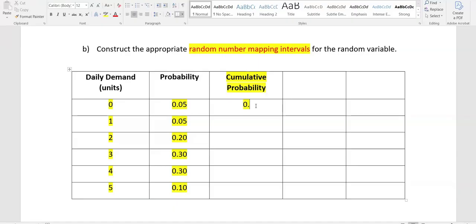We start with the first probability, 0.05, and keep adding the subsequent probability until we reach the final figure.